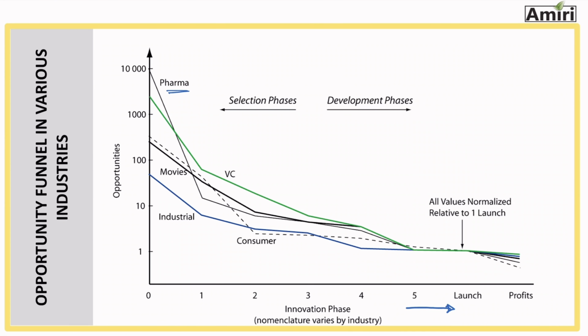Industrial application is in between all of them, so the drop is not as sharp. They don't eliminate as many opportunities, but when they get to the second or third phase of filtration and screening, there are about 4 or 5 different opportunities that are explored further. So this explains some of the numbers for industry.